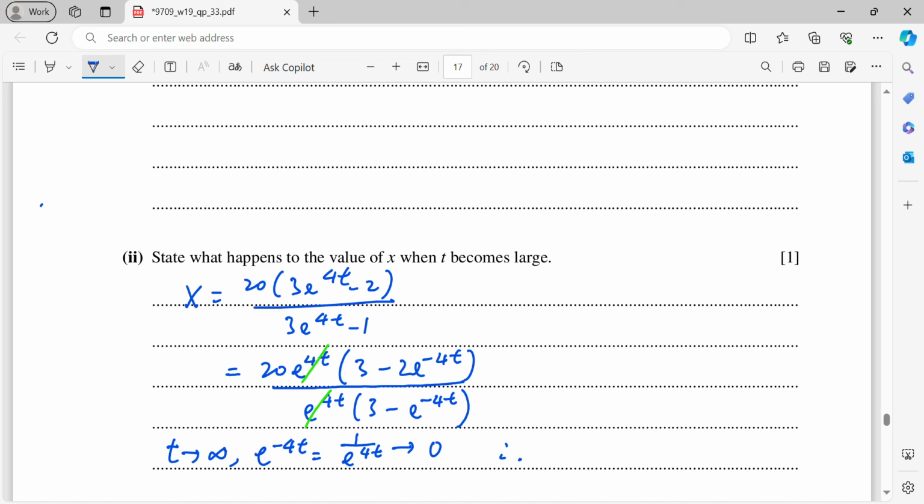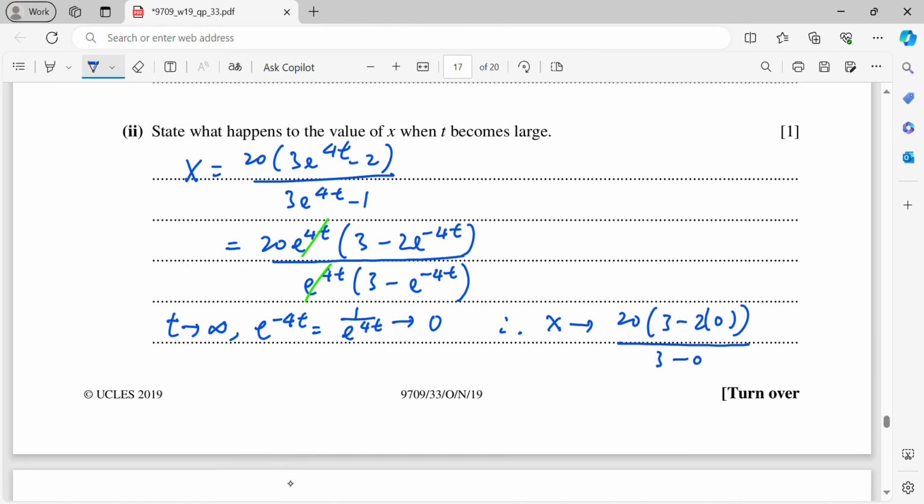Therefore your x will tend to 20 times (3 minus 2 times 0) over (3 minus 0). So at last, x tends to 20 times 3 over 3. Therefore, your x tends to 20. Okay, so that's the solution of this question.